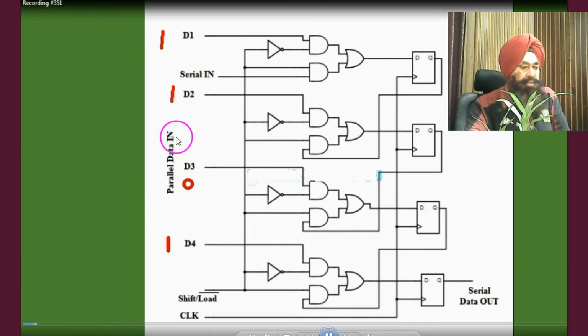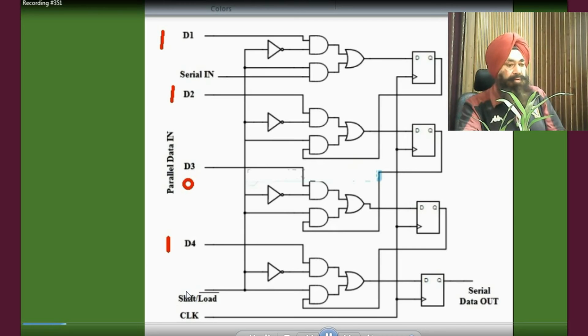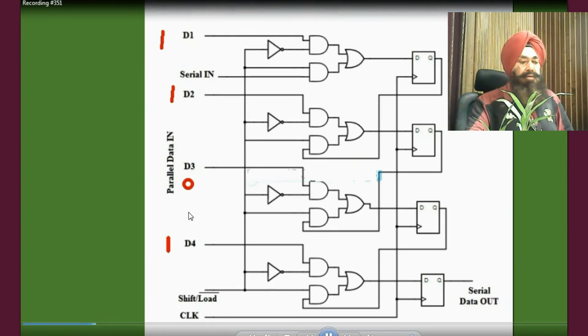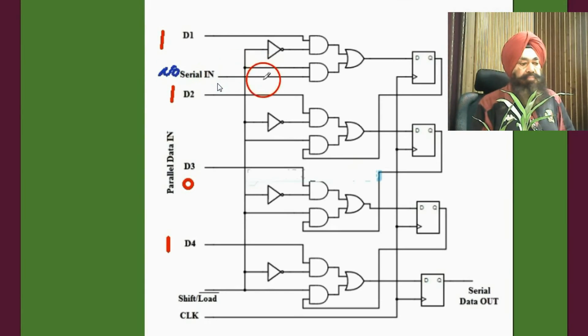Let's see how. Let the data be 1, 1, 0, 1. The data arrives 1, 1, 0, 1. And let's assume that the serial in mode is off, disabled at that time.